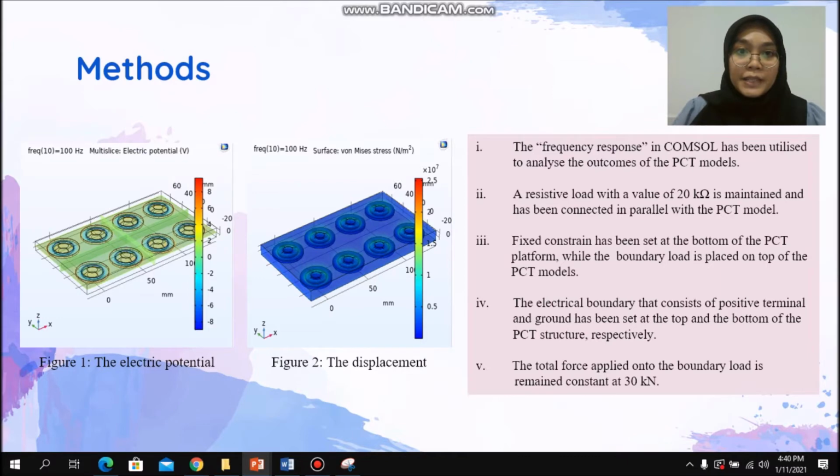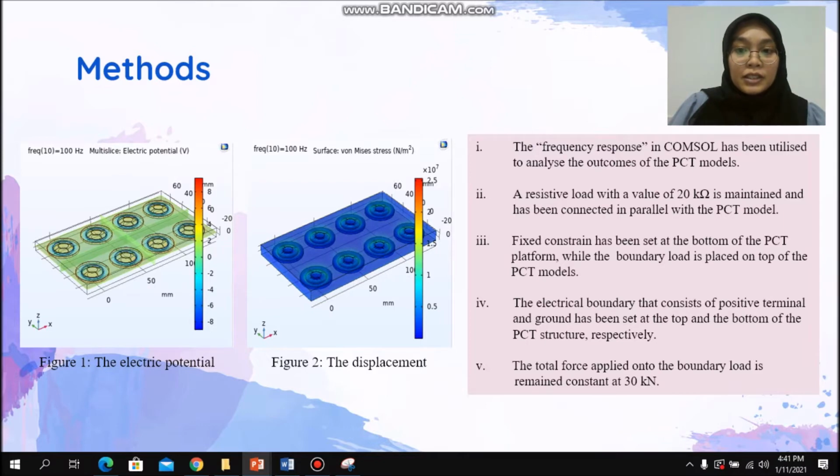So, for the first evaluation, which is the PCT array model, I will explain the method first. We used COMSOL simulation, and the frequency response study was used to analyze the outcome of the PCT models. A resistive load with the value maintained at 20 kilo ohm was connected in parallel with the PCT model. A fixed constraint was set at the bottom of the PCT model, and the boundary load was set on top of the PCT model.